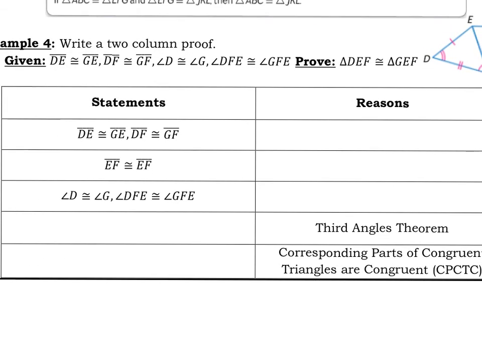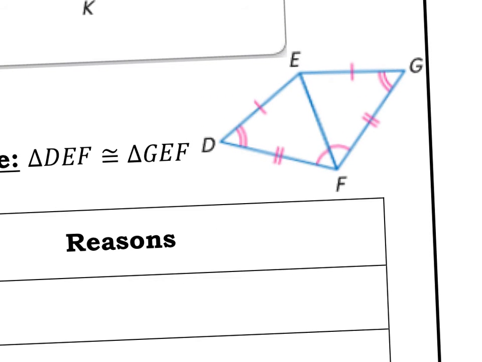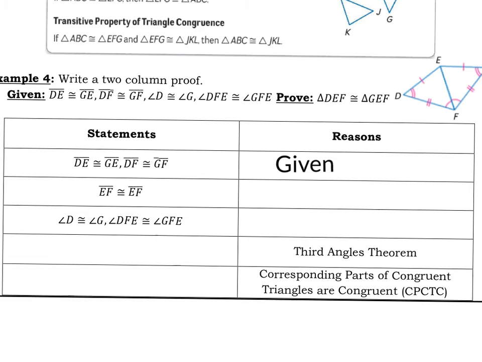I have some of it filled in for you. So the first statement says DE is congruent to GE, DF is congruent to GF. If you look at the picture, those are the 2 marked sides. So your first reason is that that is given. And so if you know that 2 of the sides are congruent, it's time to prove that that third unmarked side is congruent.